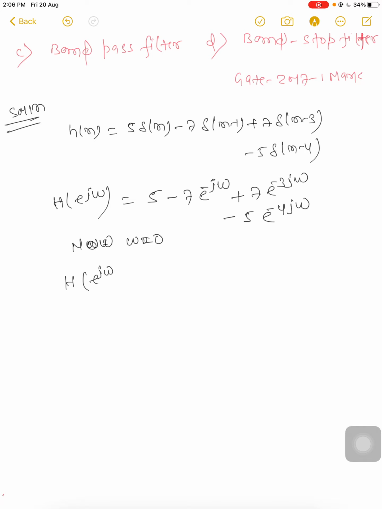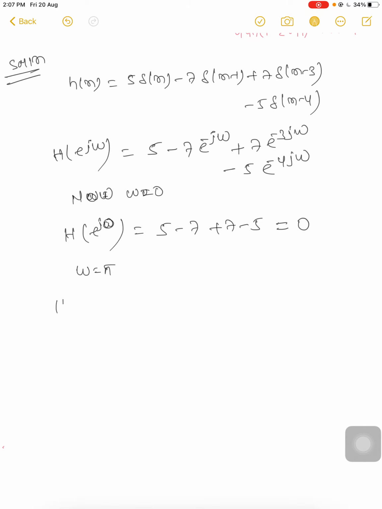Then what will happen? H(e^j0) is equal to 5 minus 7 plus 7 minus 5, which will be 0. At omega is equal to pi, we have e^jπ, where cos π will be minus 1, from the Euler formula, and j sin π will be 0.